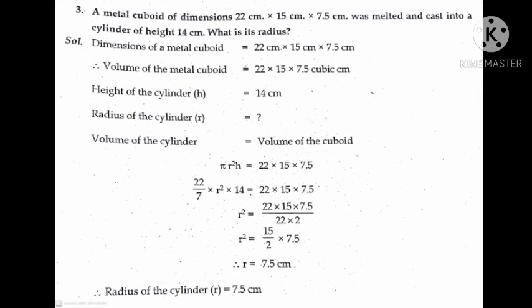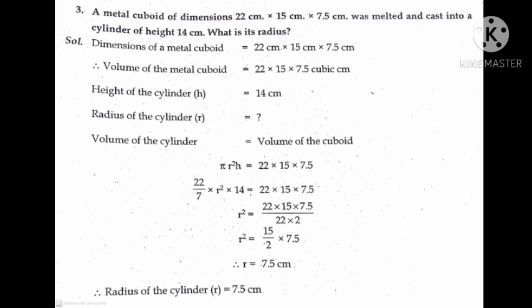Next, third question. A metal cuboid of dimensions 22 cm into 15 cm into 7.5 cm was melted and cast into a cylinder of height 14 cm. What is its radius? Solution. Dimensions of a metal cuboid 22 cm into 15 cm into 7.5 cm.